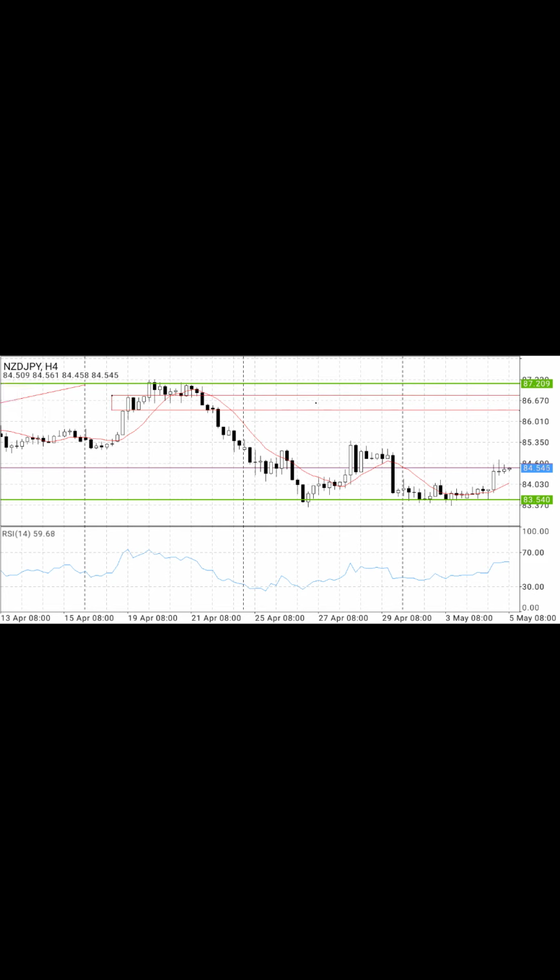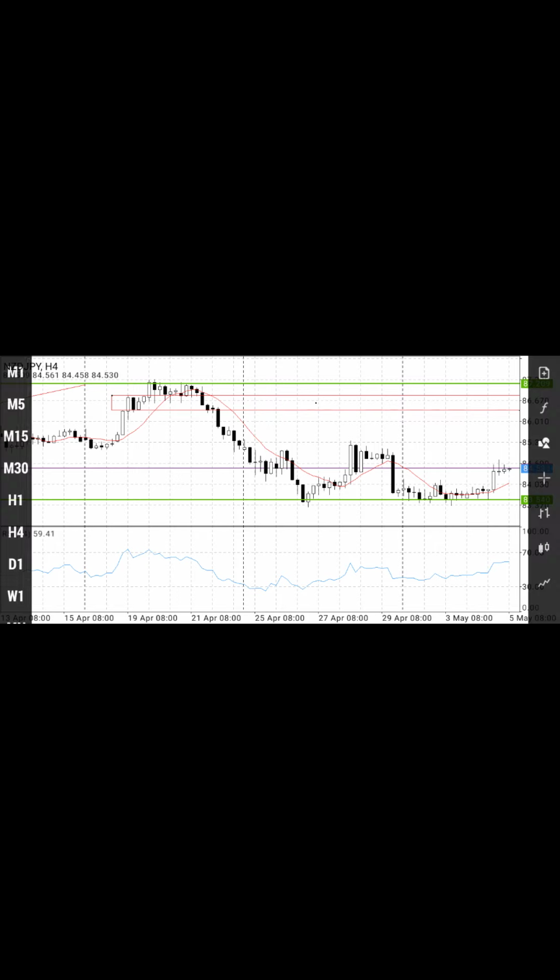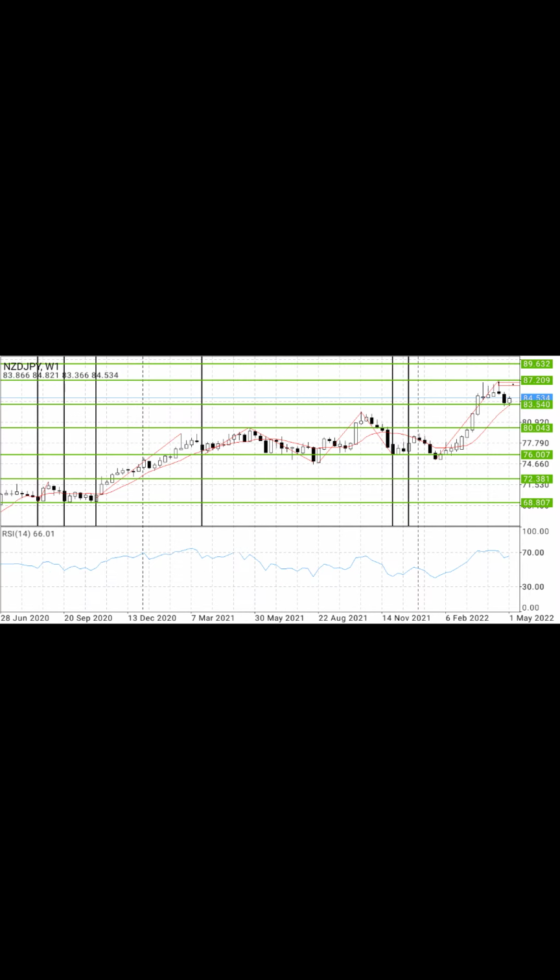So I think that's the ideal entry point, but I'm not sure. Let's look at it from the 1 week.